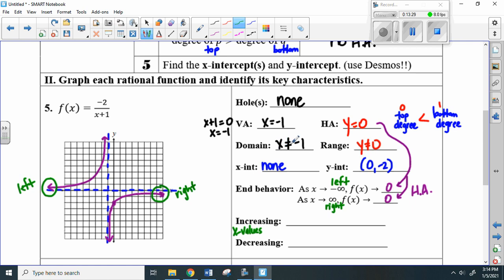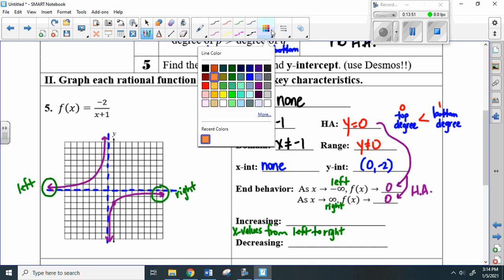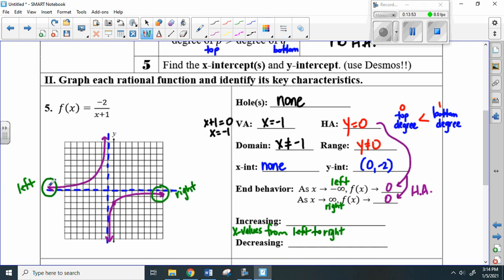If you look at your domain, it's going to tell us to stop at -1, but we do have to trace our graph from left to right, x values from left to right. So I'm going to start on the left. Let me get a different color so you can actually see what I'm doing. I'm starting here and I'm tracing my graph.